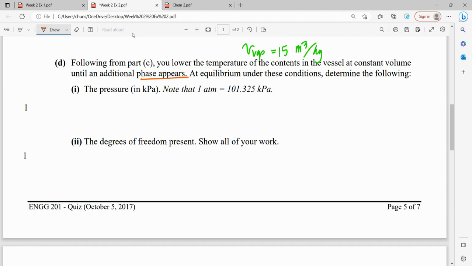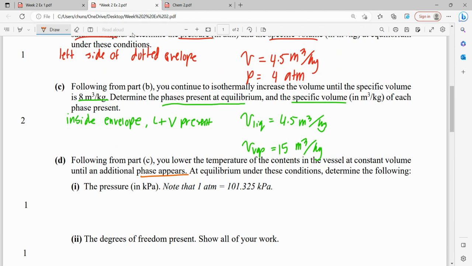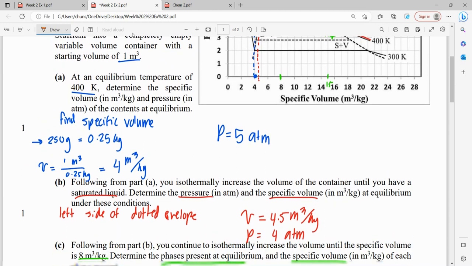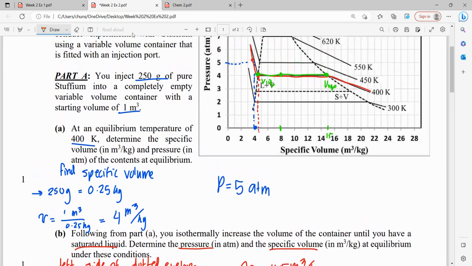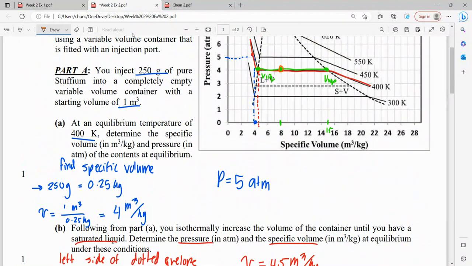The pressure in kilopascals. Okay, so we want to keep a constant volume. So the point that we just found in part C was this point right here at 8 meters cubed per kilogram. And we want to read until we find a different phase appearing.